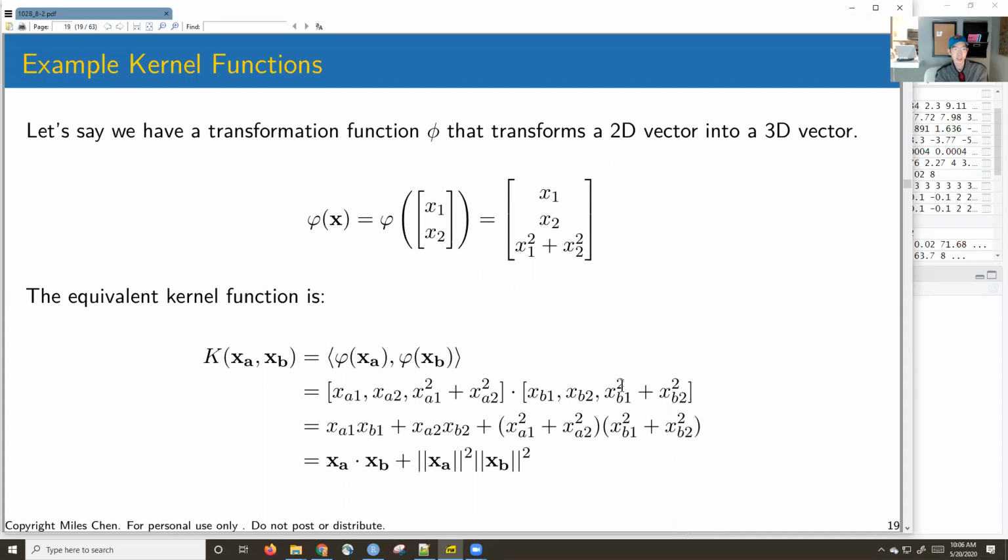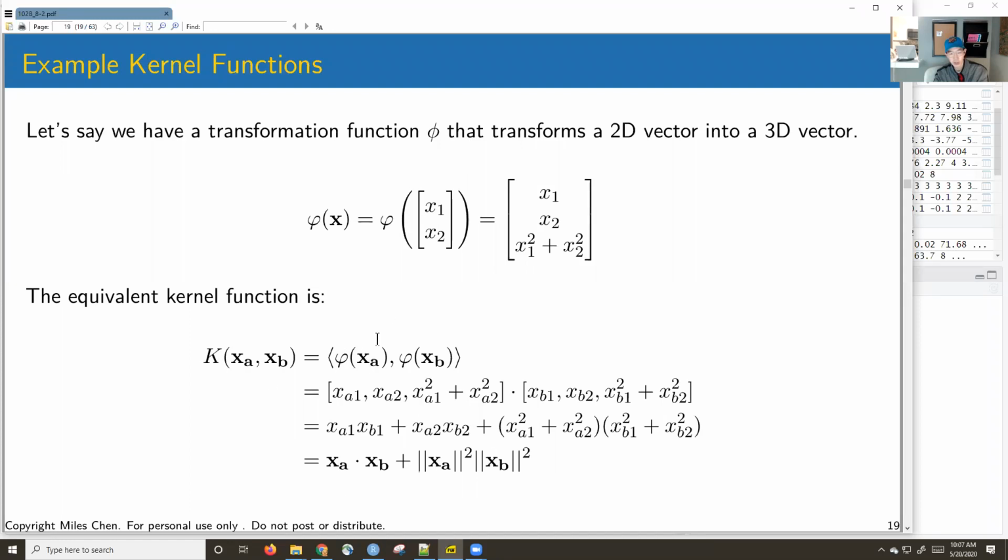So here's an example. We can take some function phi that transforms x1, x2 into the vector x1, x2, and x1 squared plus x2 squared. And we can show that the equivalent kernel function is equal to this.